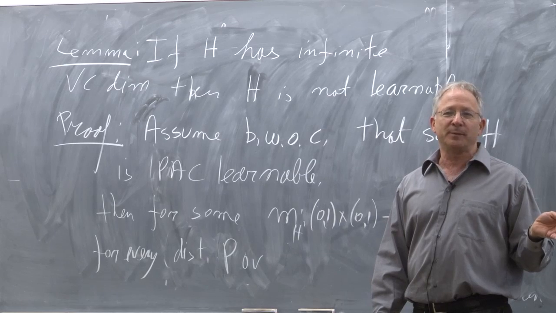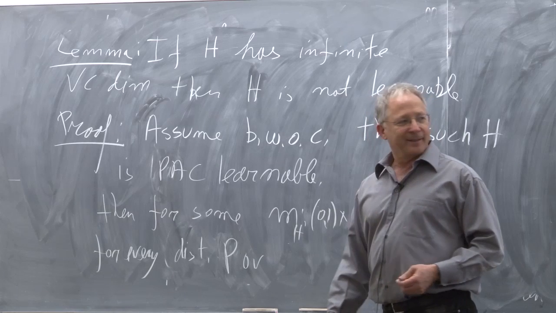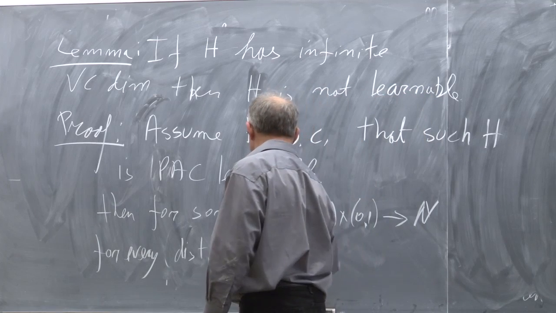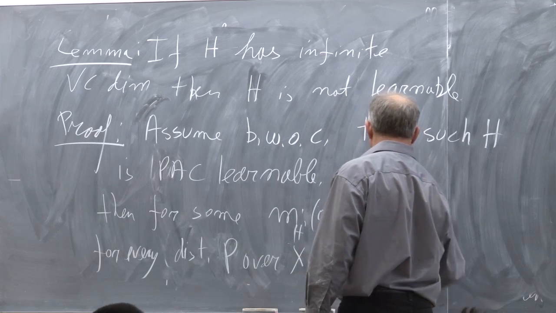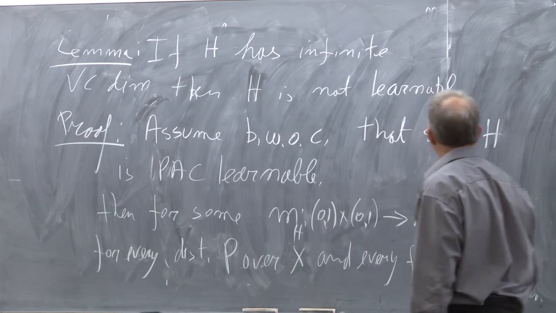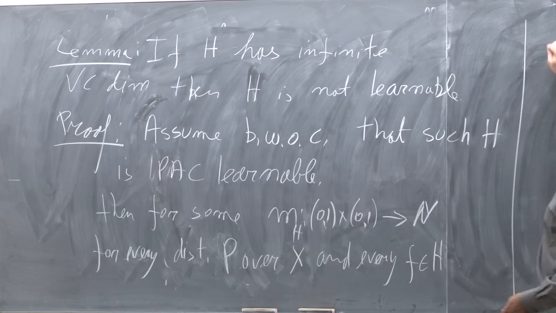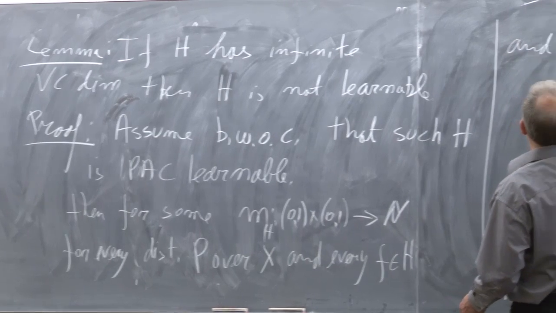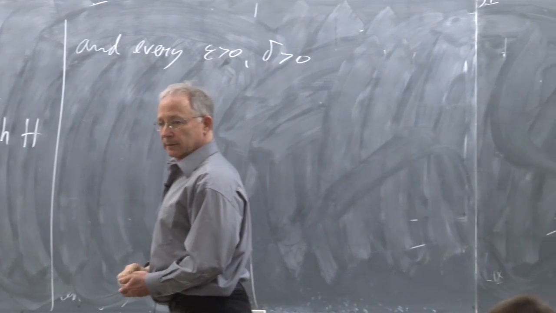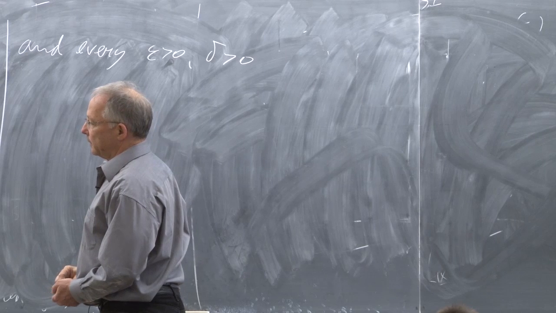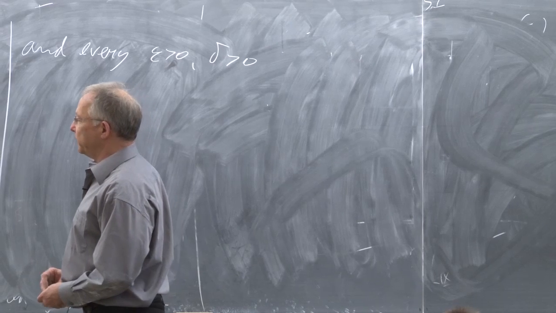If you just promise me that you will not be confused by the change of letter, then we don't have to stop here. So for every distribution P over my domain X, and every f in H, and every epsilon greater than 0, delta greater than 0, PAC learnable. What did I forget?